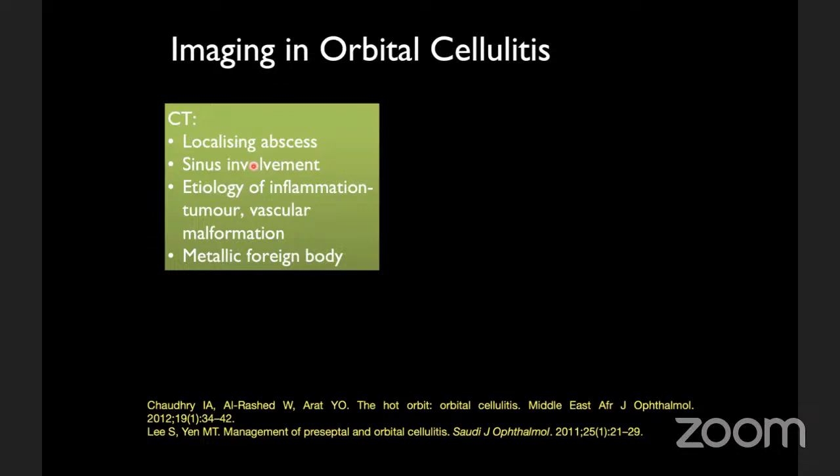Firstly, when we talk about the CT scan, why is it important? Just to briefly summarize: to localize the abscess, to rule out sinus involvement, to establish the etiology, to rule out a vascular malformation and other differential diagnoses. And like I said, sometimes a retained metallic foreign body can also simulate orbital cellulitis. So you want to rule all of that out, and that is when a CT scan would be of importance.